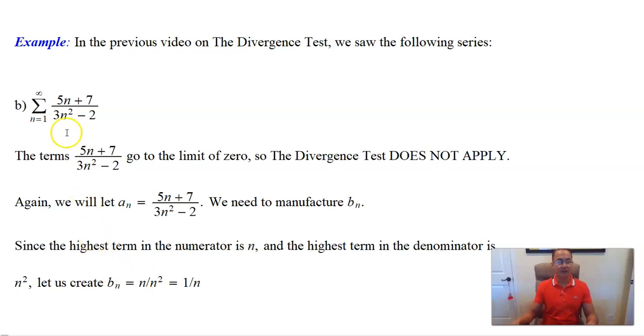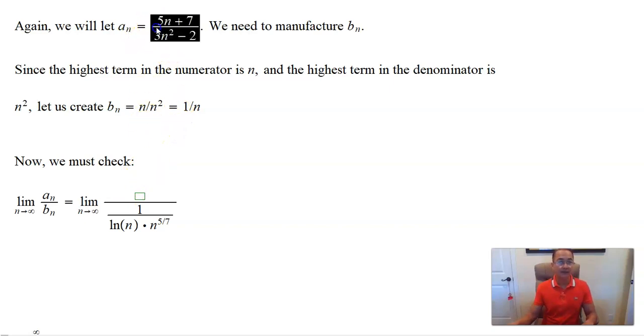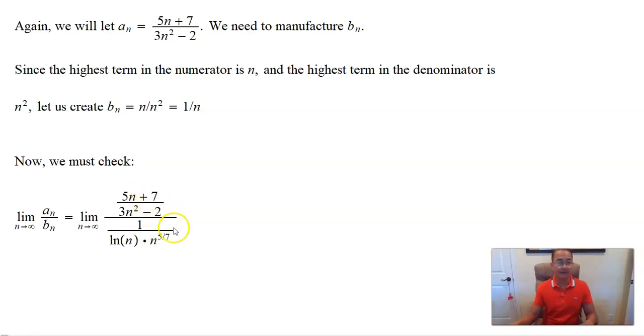So that will be our b sub n, and now we have to take a limit. Once again, we have to check what is the limit of a sub n over b sub n. Are we going to get infinity? Well, let's see. The numerator is 5n plus 7 over 3n squared minus 2.